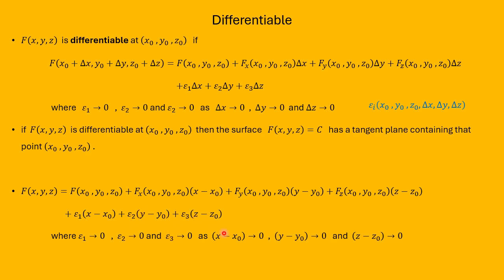But in this case, it will be as x minus x naught goes to 0, y minus y naught goes to 0, and z minus z naught approaches 0. Notice that we're talking about limits here. The limit of these things is going to be 0 when the limit of these three things is going to 0. X minus x naught going to 0, for instance, just means that x gets closer and closer to x naught. Similarly for the y's and the z's.